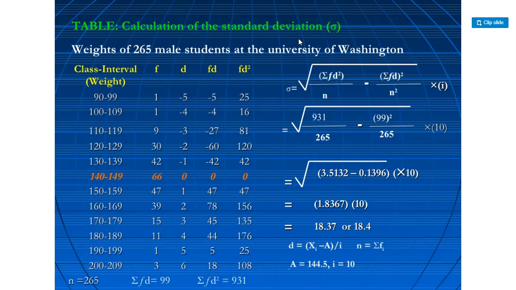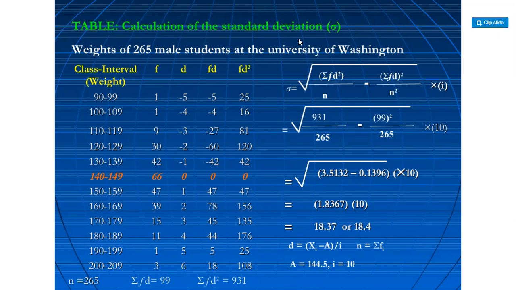So we get d as minus 5, minus 4, minus 3, minus 2, minus 1, then 0, 1, 2, 3, 4, 5, 6. Then we multiply f into d to get fd, and then we find fd square.